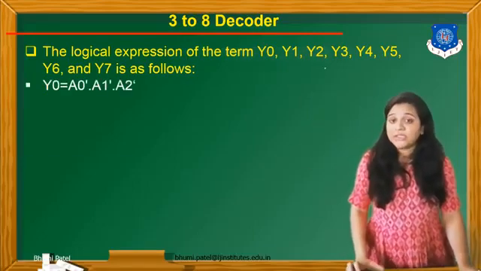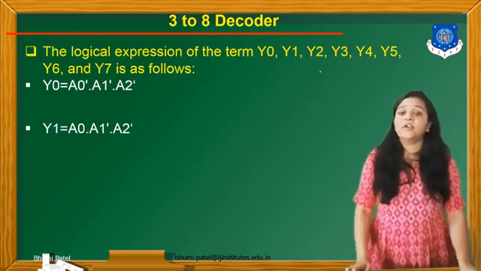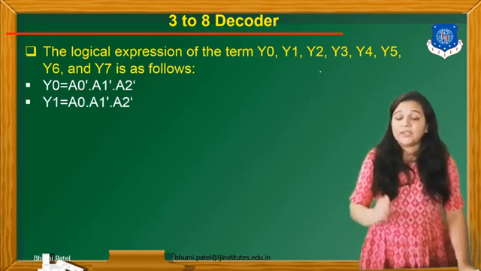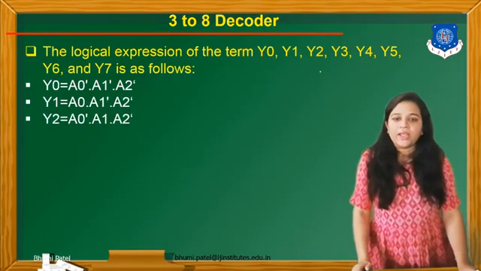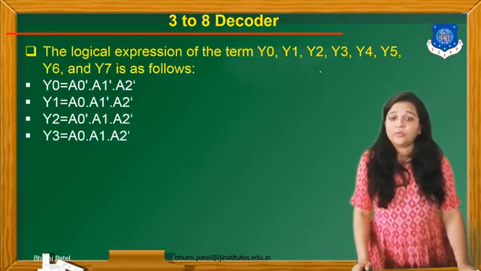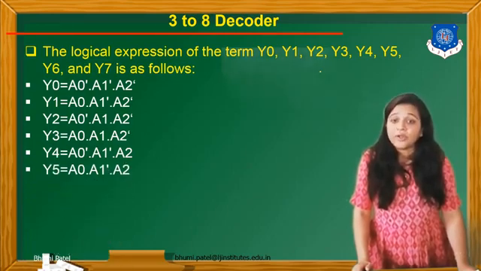Y0 is A0 dash, A1 dash, A2 dash. Y1 is equal to A0, A1 dash, A2 dash. Y2 is equal to A0 dash, A1, A2 dash. Y3 is equal to A0, A1, A2 dash. Y4 is equal to A0 dash, A1 dash, A2. Y5 is equal to A0, A1 dash, A2.